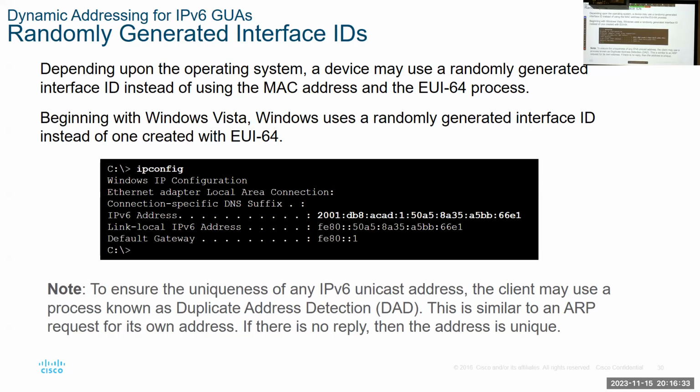It sends out a neighbor solicitation with the address that it configured to see if anybody responds. Just like with IPv4, if somebody responds to the ARP, then they know that address is already in use. It's basically an all nodes multicast with the address that it configured for the interface. If somebody responds, that means it's in use and it'll generate a new one.